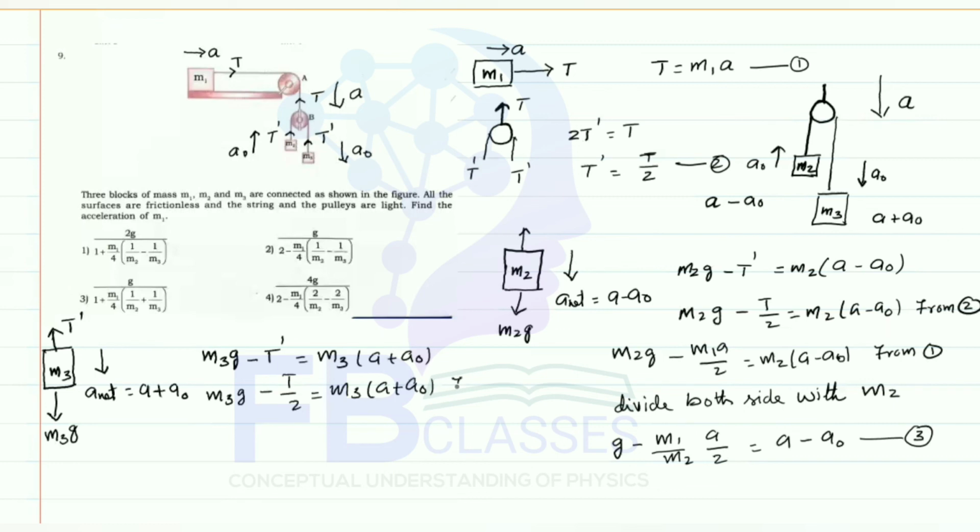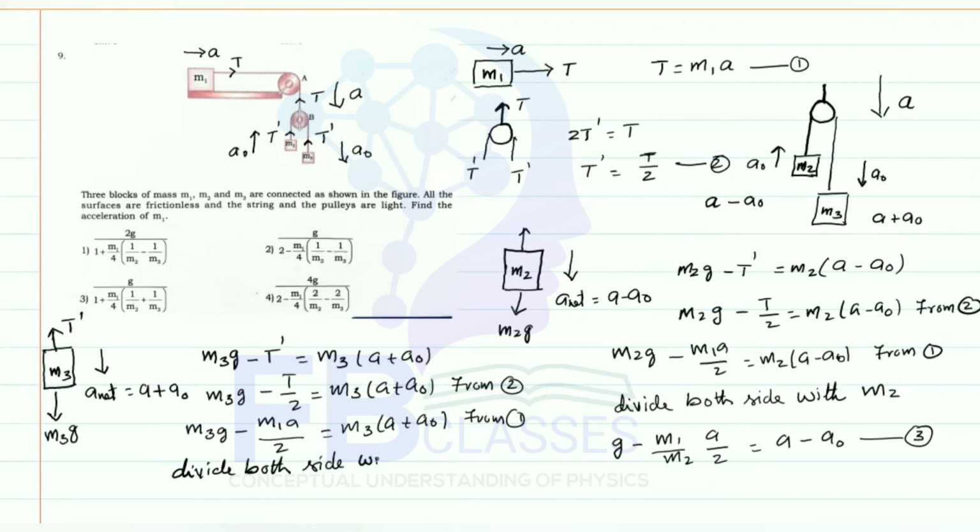So m3g minus T, from the first equation, is m1 a1. I substitute the values: m1 a1 upon 2 is equal to m3 into a plus a naught. Now divide this equation on both sides by m3.